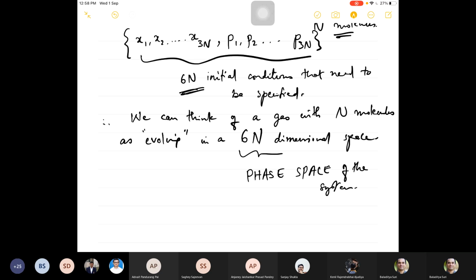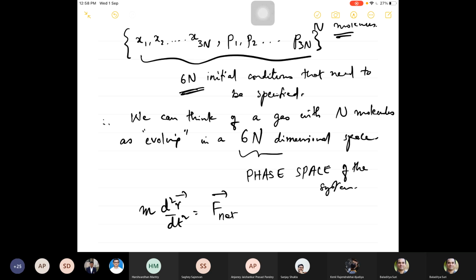Excuse me, sir. Why are only these 6n conditions sufficient to specify the state of the system? What about the acceleration of the particle? You don't need the acceleration, because Newton's laws solve for the acceleration once you know the forces. Newton's laws say that m times d squared r by dt squared is the F net, the net force acting on that object.